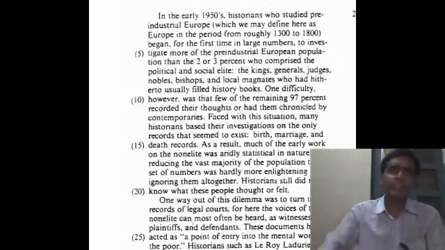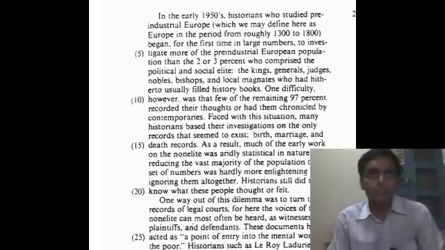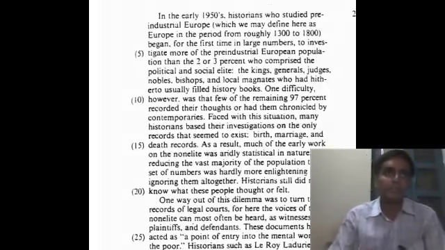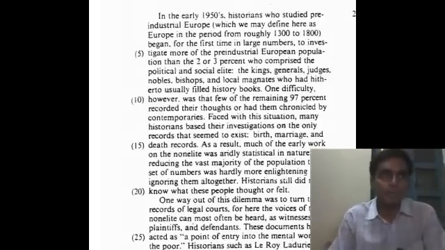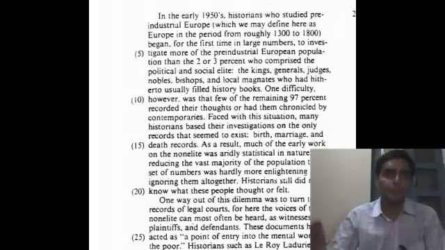One difficulty, however, was that few of the remaining 97% recorded their thoughts or had them recorded by contemporaries. Faced with this situation, many historians based their investigation on only records that seem to exist, like birth, marriage, and death records.